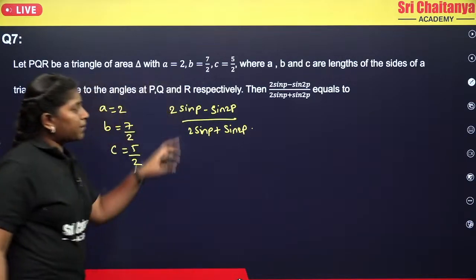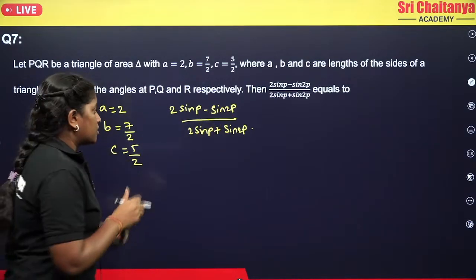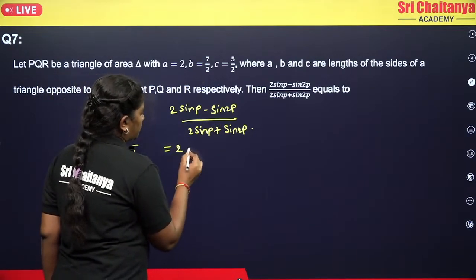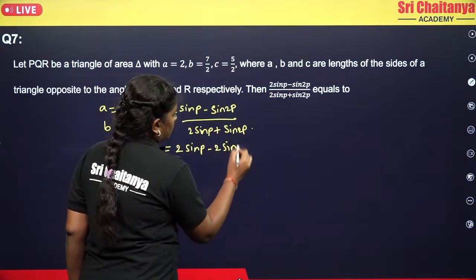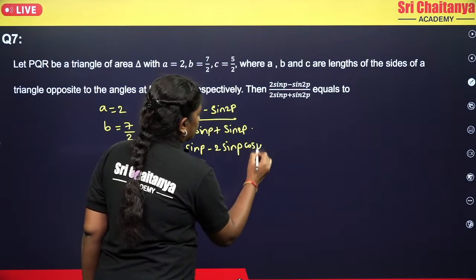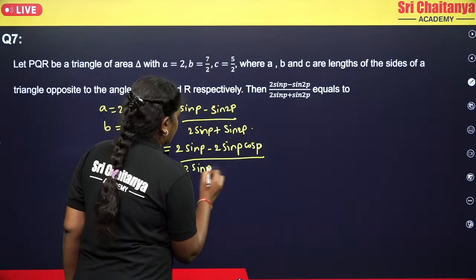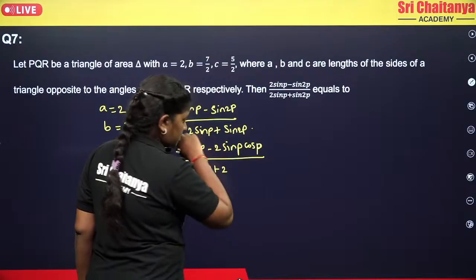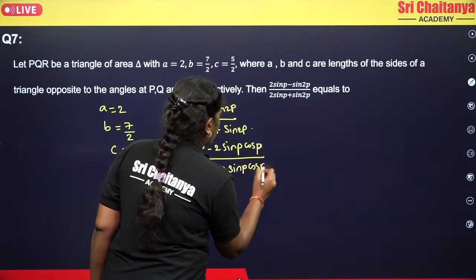So here we can apply the sin 2 theta formula, where we can write it as 2 sin theta cos theta. So we write 2 sin P minus 2 sin P cos P, by 2 sin P plus 2 sin P cos P. Okay.